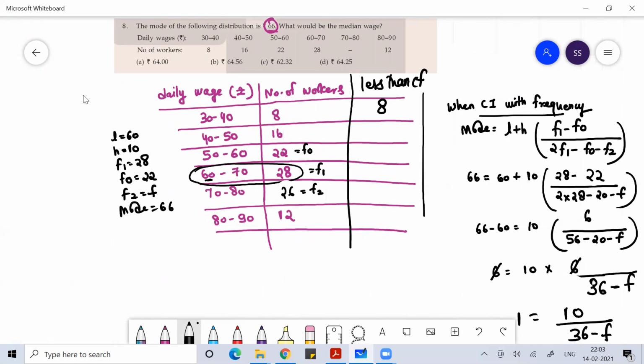So this would be 8, 16 plus 8 is 24, 24 plus 22 is 46, 46 plus 28 is 74, 74 plus 26 is 100, 100 plus 12 is 112. So the sum of f is 112.